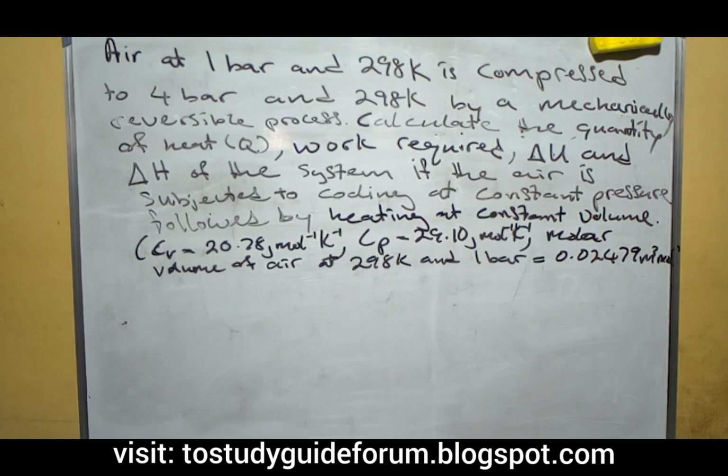Today, we are looking at a question on the board. The question said that air at 1 bar and 298 Kelvin is compressed to 4 bar and 298 Kelvin by a mechanically reversible process. Calculate the quantity of heat, work required, change in internal energy, and change in enthalpy of the system if the air is subjected to cooling at constant pressure, followed by heating at constant volume.